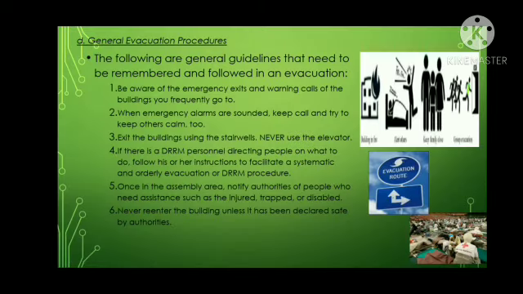Next, if there is a DRRM personnel redirecting people on what to do, follow his or her instructions to facilitate a systematic and orderly evacuation or DRRM procedure. Next, once in the assembly area, notify authorities of people who need assistance, such as injured, trapped, or disabled. Next, never re-enter the building unless it has been declared safe by authorities.